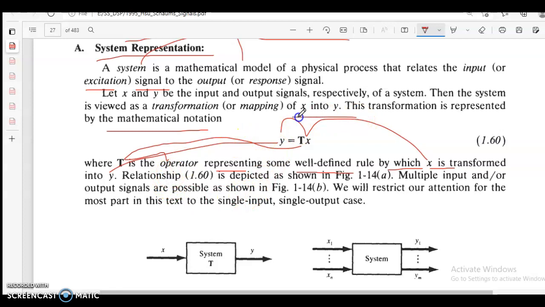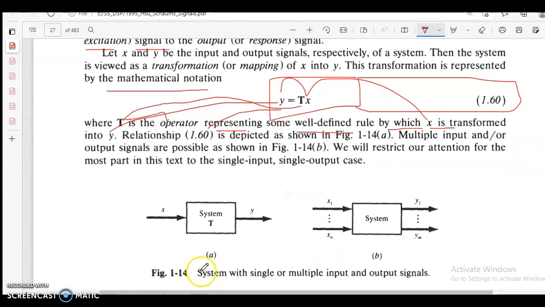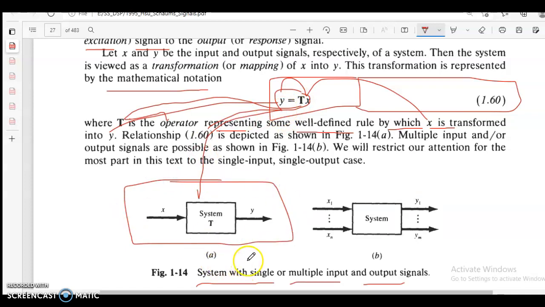Relationship 1.60 is depicted as shown in figure 1.14. In figure 1.14a, a system with a single input and output signal, y equal to Tx.